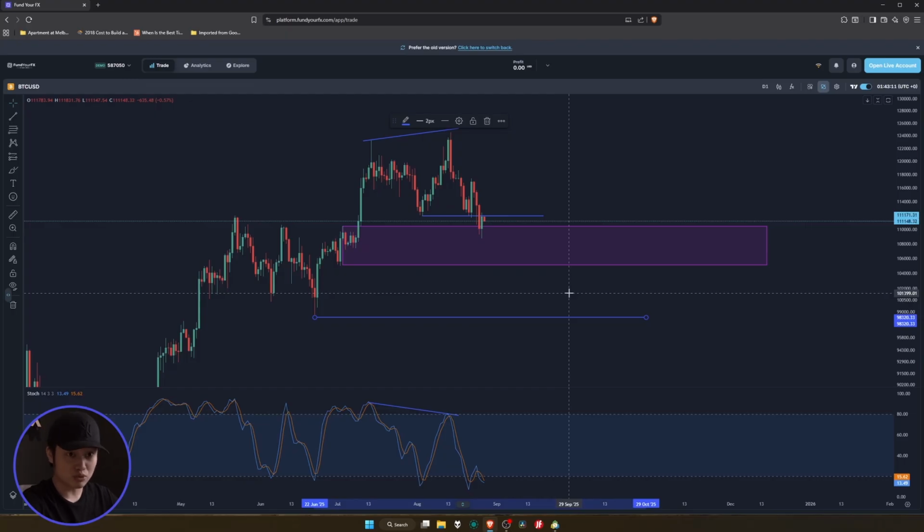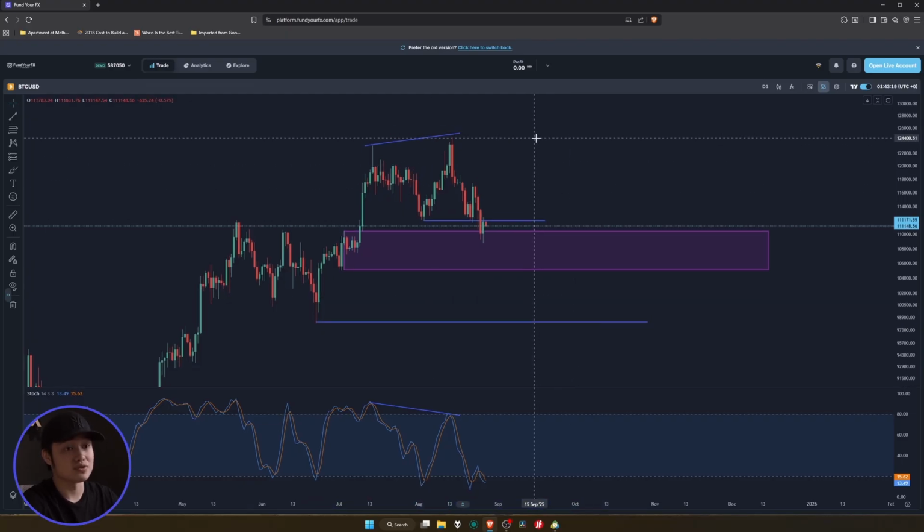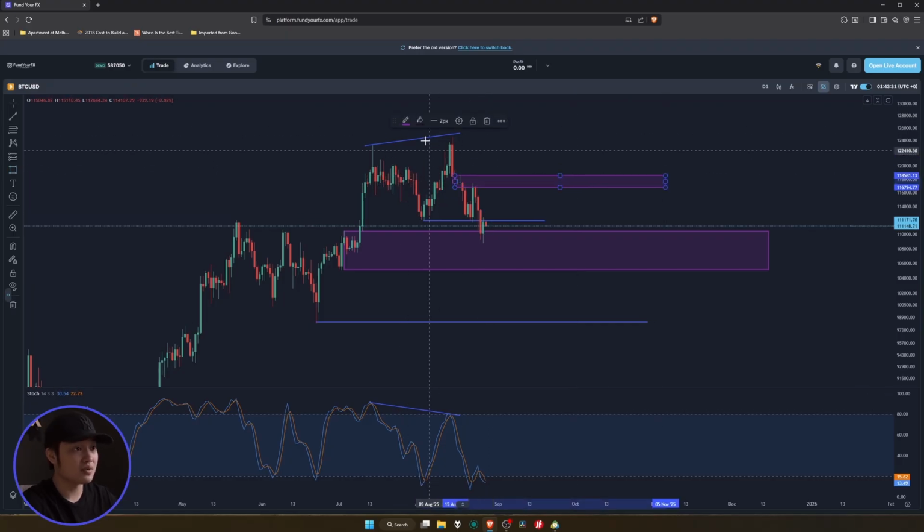Is it possible? Yes, if the price still holds below the previous all-time high, or holds below this supply zone right here. I'm going to mark it as red, sorry.